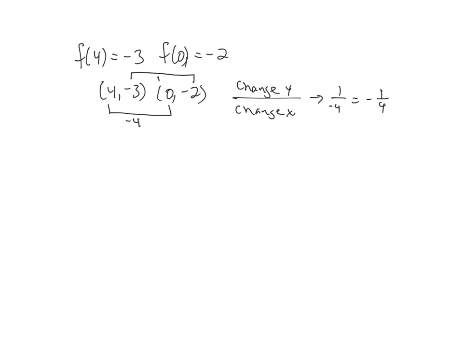And this is a y-intercept because the x part of the coordinate is a 0. So -1/4 for the slope, -2 for the y-intercept.